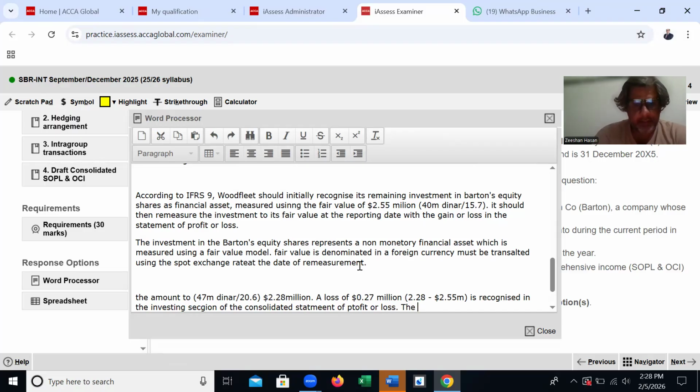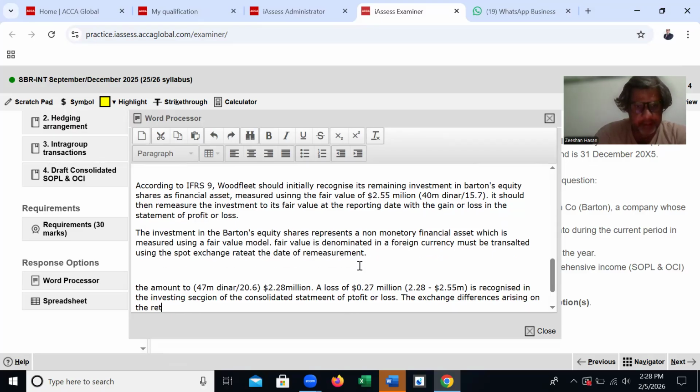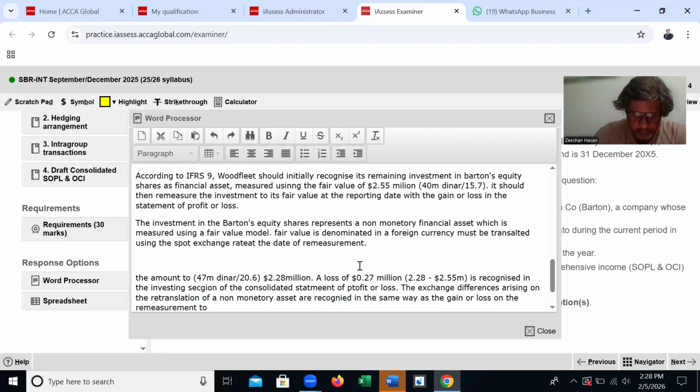The exchange differences arising on the retranslation of a non-monetary asset are recognized in the same way as the gain or loss on the remeasurement to fair value of the underlying item.